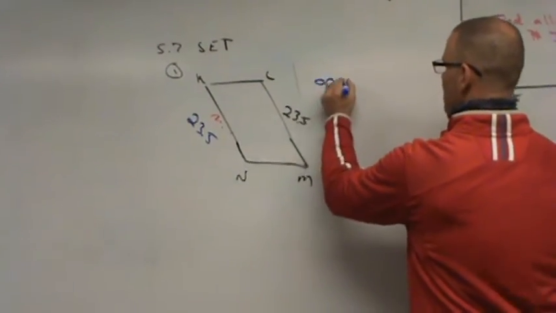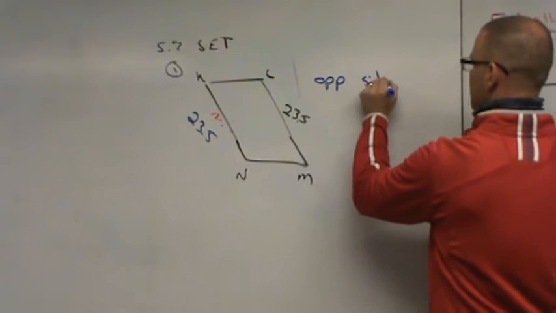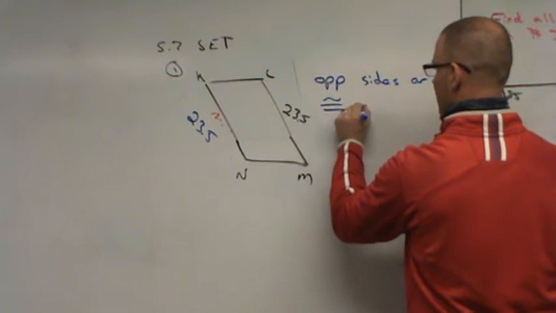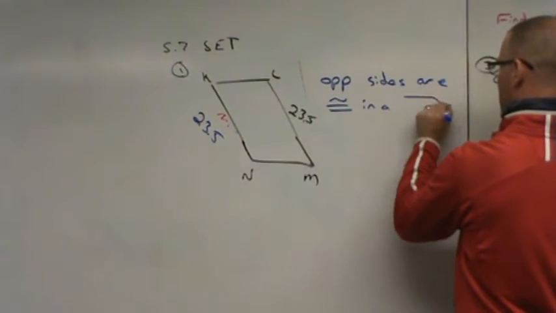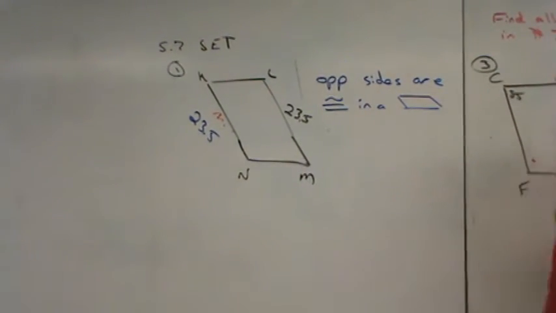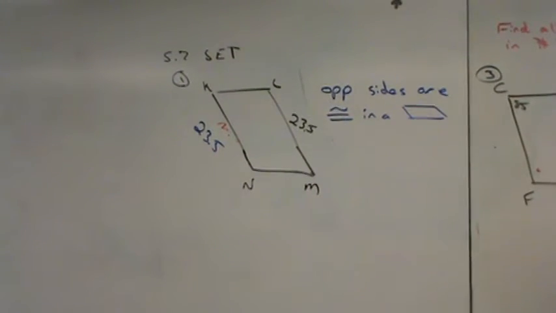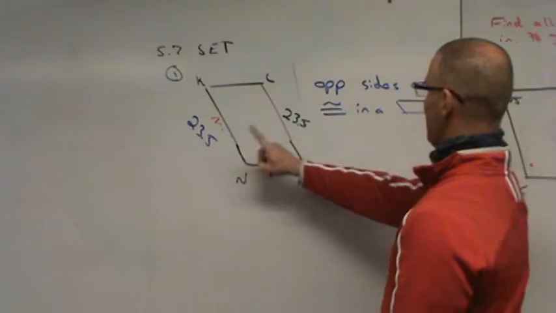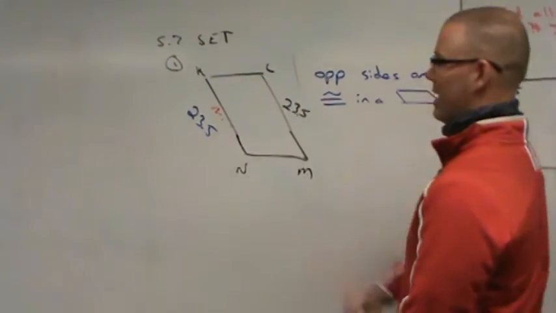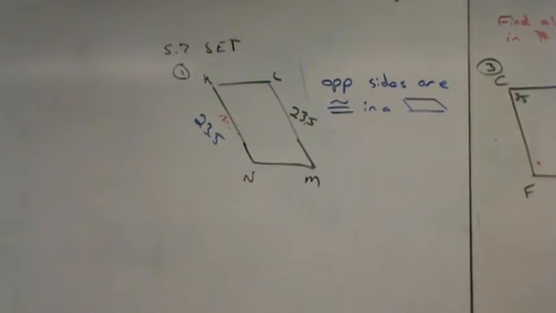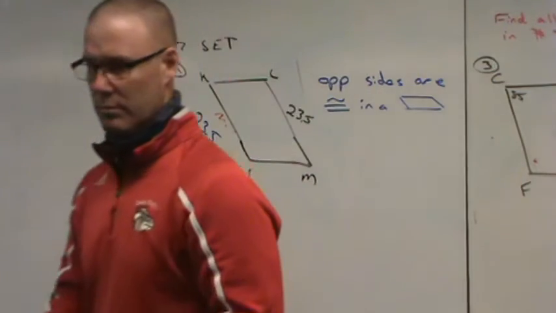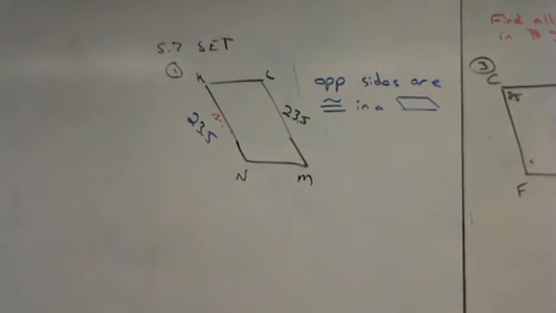They're the same because opposite sides are congruent in a parallelogram. Remember, that's the symbol for a parallelogram. Opposite sides. Justify it. I'm making this statement. This backs up why I can say it's 23.5. Right? And you should be able to do 2, 9, 10, 11, and 12 with that.